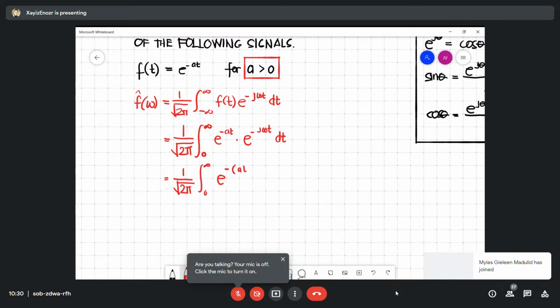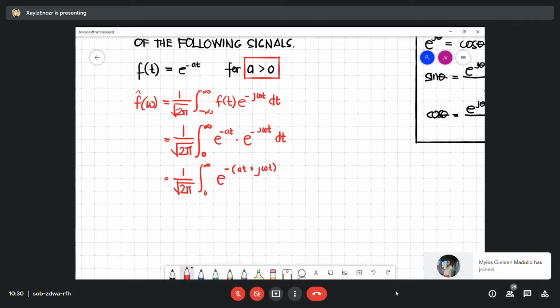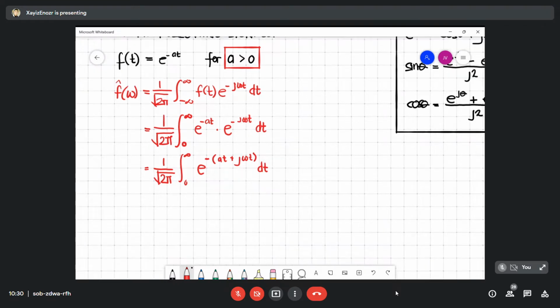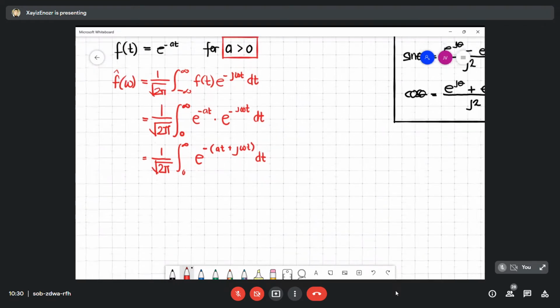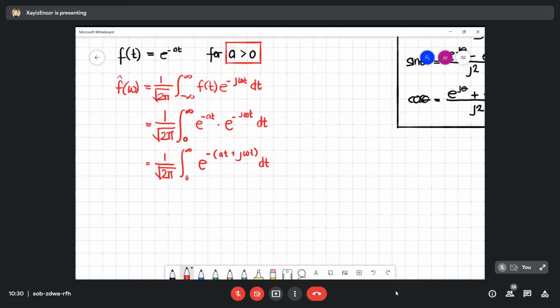So, pwede ko siyang gawing negative of at plus j omega t, dt. Okay? After that, so, sa ating integral na to, okay, ang ating variable is time. So, kasi we are talking about function of time. So, ilalabas ko lang yung t, that is our variable.